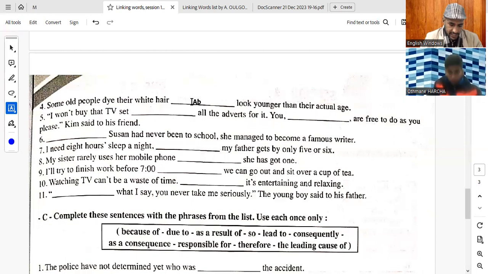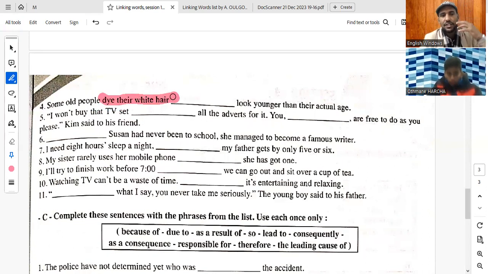To dye, yes. You notice they dye their hair, to dye the hair. To dye, to color, right? They color their hair. To dye their hair, it means they color it, right?